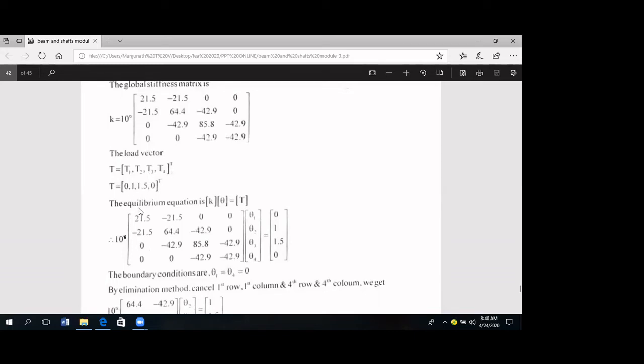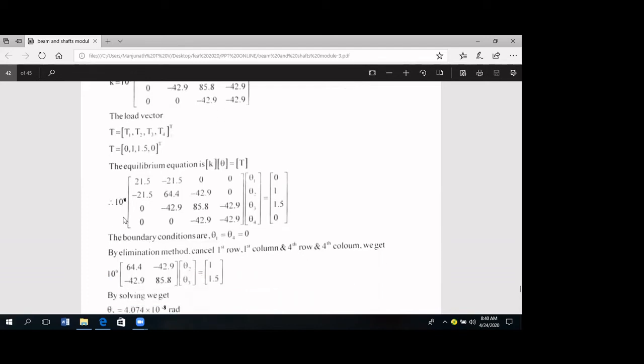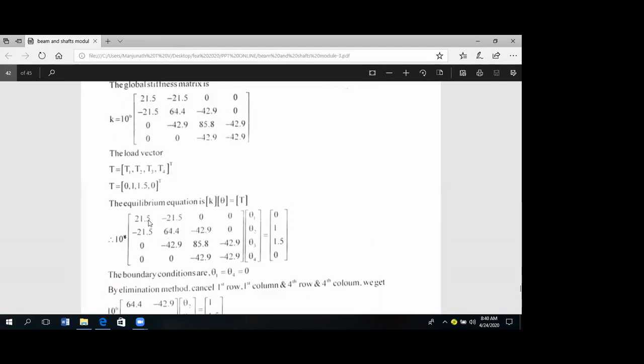Then writing the equilibrium equation: 10 to the power of 6 times the matrix 21.5, minus 21.5, 0, 0; minus 21.5, 64.4, minus 42.9, 0; 0, minus 42.9, 85.8, minus 42.9; 0, 0, minus 42.9, 42.9.